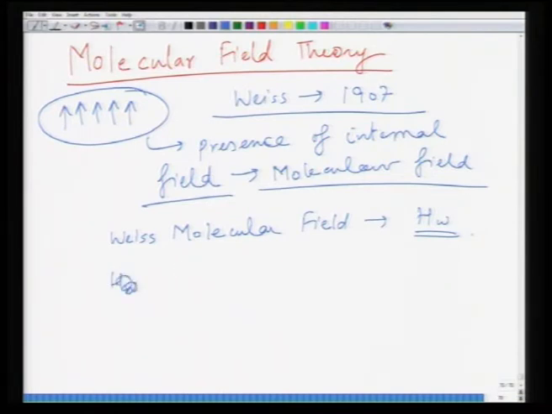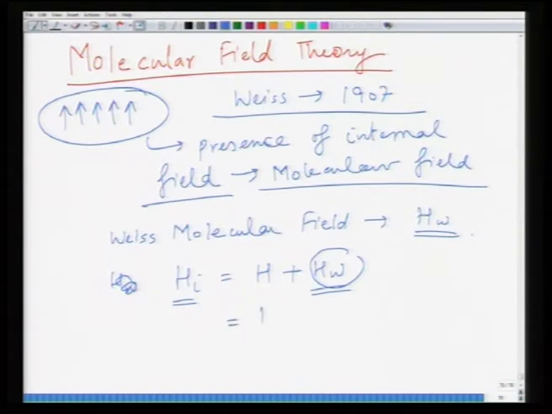So, the internal field inside the material will now be the applied field plus this molecular field HW. If the extra internal field is 0, the total field which the material experiences will be only the applied field. But if some extra internal field is present, which leads to alignment and was called the molecular field, then the whole internal field gets modified to H plus HW.